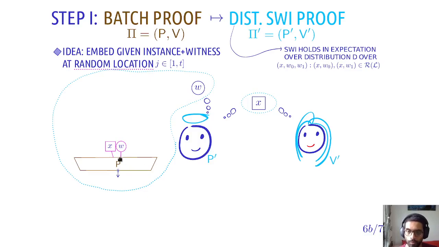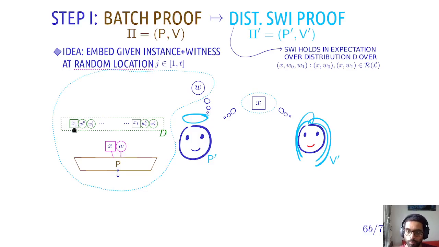Recall that the prover P takes T instance witness pairs. So we embed the given instance witness pair in a random location J. Now we need to select instance witness pairs for the rest of the locations. How do you do it? You simply sample them independently from the distribution D.